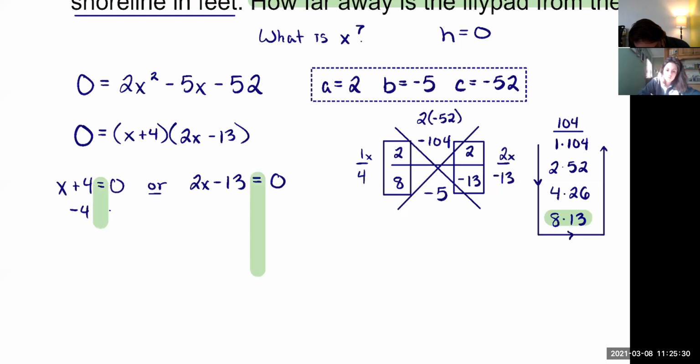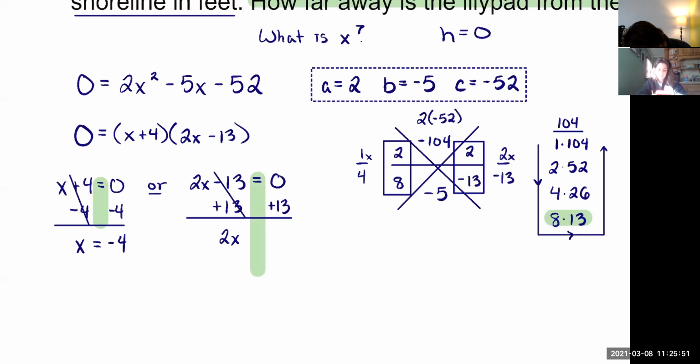Subtract the 4 from both sides. So I get x equals negative 4. What about the second one? You look at 13. So add 13 to both sides. I get 2x equals 13.